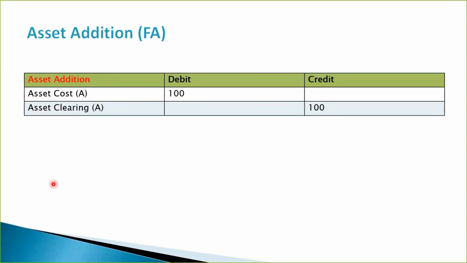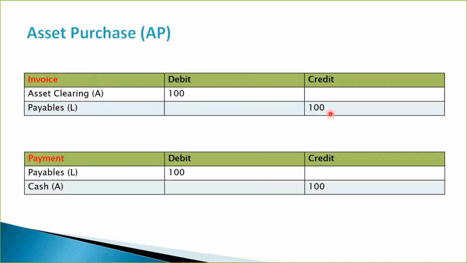So that when we now post the mass additions, this is the journal entry which is going to be created. That is when the asset account will be debited, and now the clearing account will be credited, cancelling it out, going back to zero balance. So here we are crediting it 100, and here we are debiting 100.